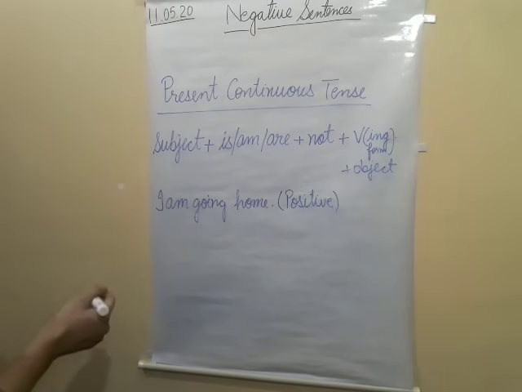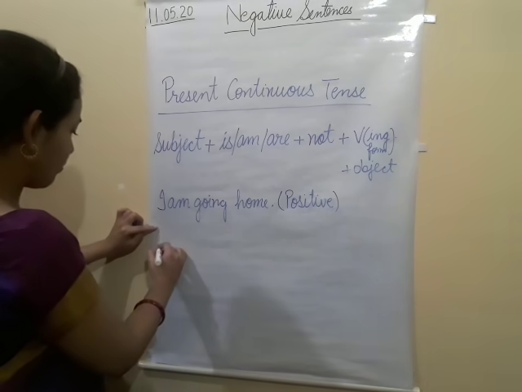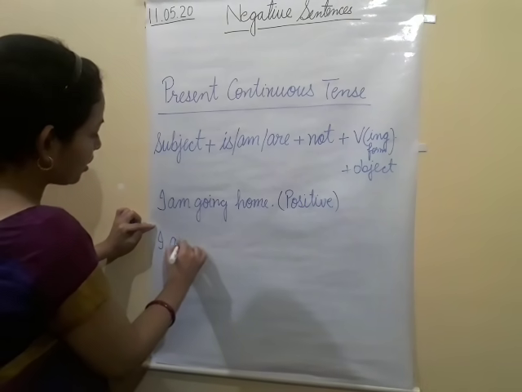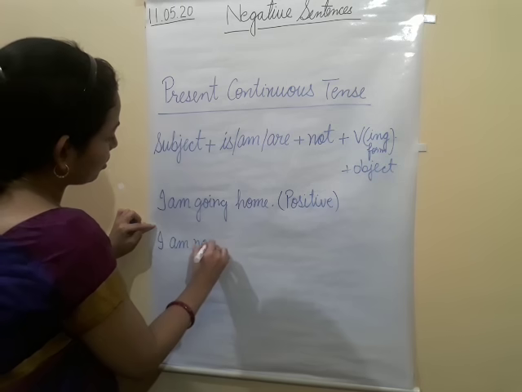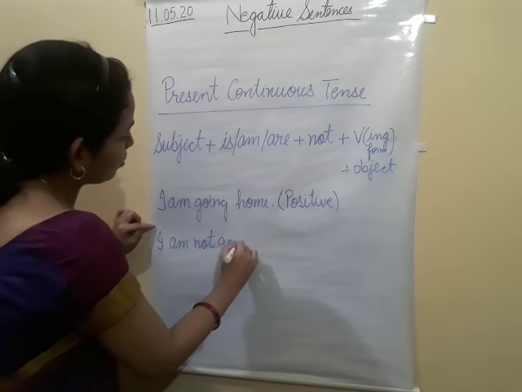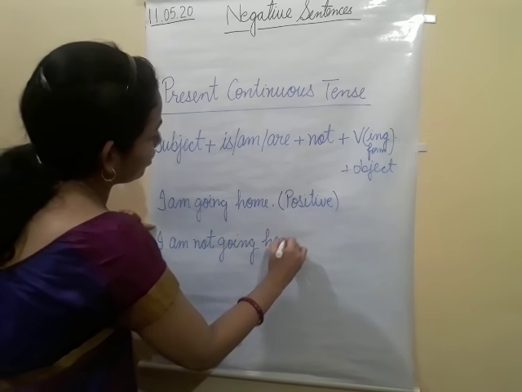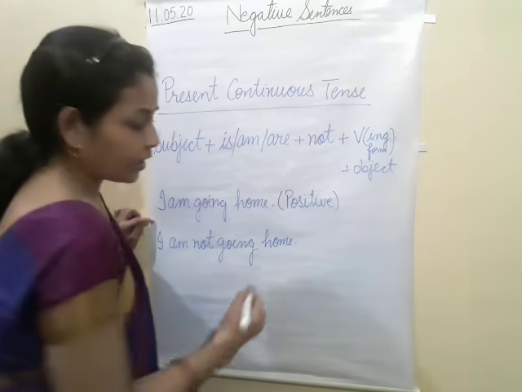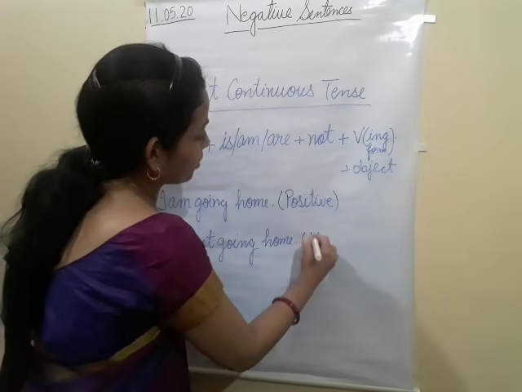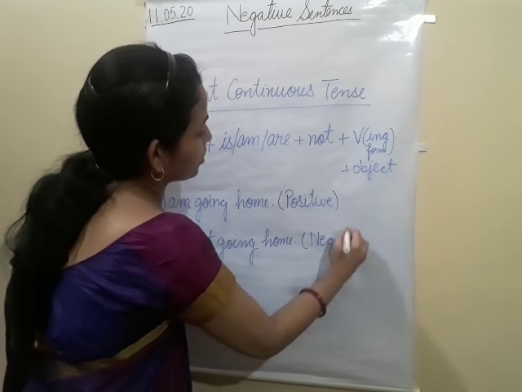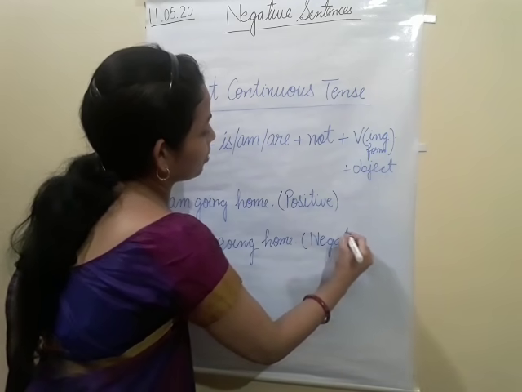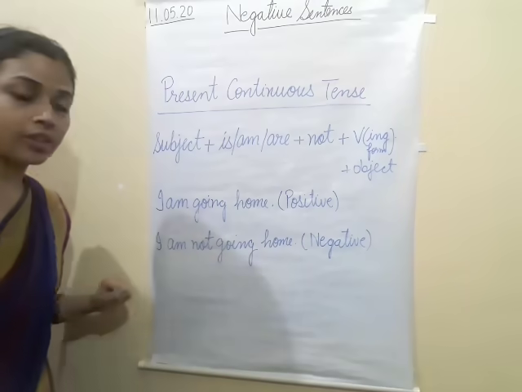Okay. I am not going home. So that will be I am not going home. In this way, we will make a negative sentence from the positive. Okay, this is the negative I have written here.